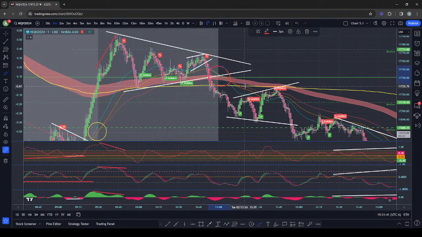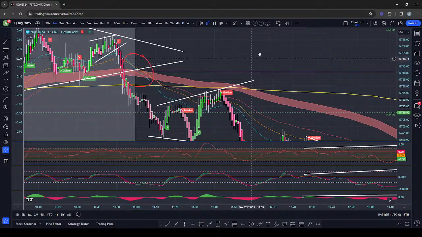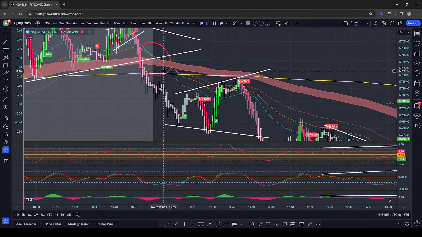My bias is now bullish once again because I am getting that EMA sequence of red, orange, and teal. That's the sequence that I like to see for bearish bias right here. And once again, price is going to be right underneath the VWAP and the 200 EMA.